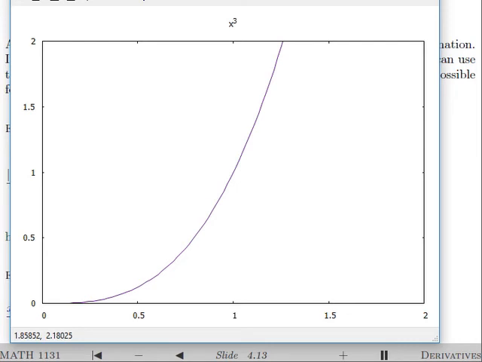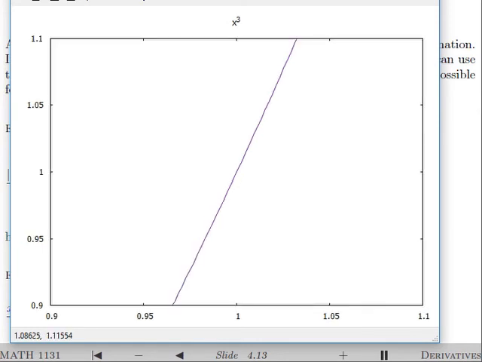Of course, if you take a big piece of the graph, like here, from 0 to 2, the curve is very visible. But if we zoom in by a factor of 10, the graph looks more or less straight. It's not quite straight, which you can verify if you put a ruler against the graph, you will see a slight bend.